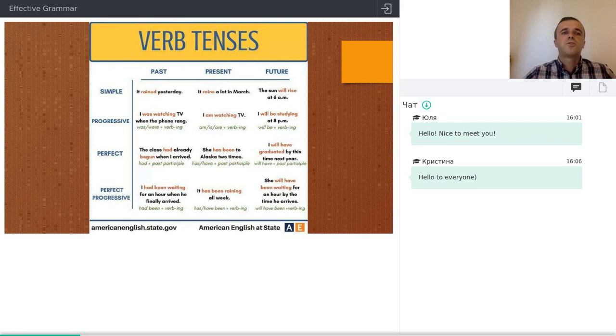This is just a general introduction to verb tenses, to grammar tenses, and you can see that here are some examples, and here are the formulas how to form this or that tense.